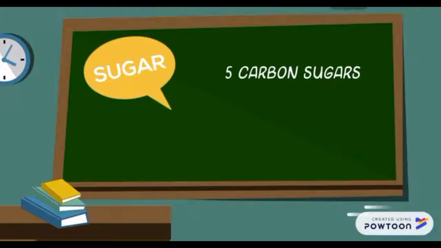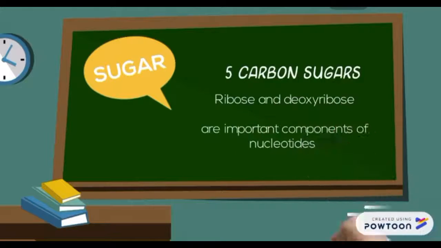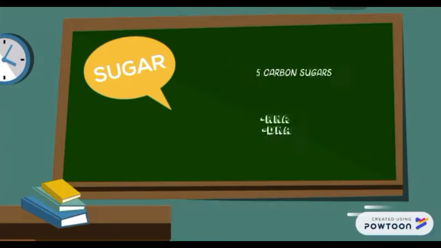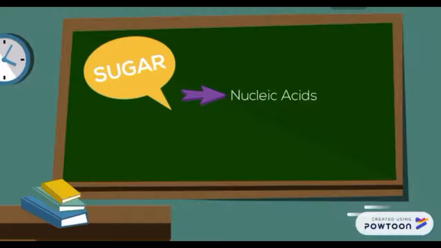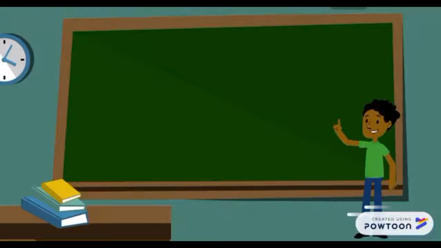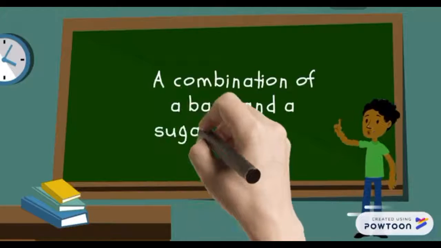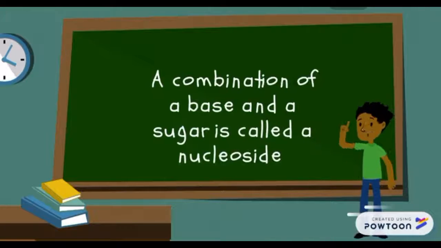For sugar, we have the 5-carbon sugars, ribose and deoxyribose, which are important components of nucleotides and are found in RNA and DNA respectively. The sugars found in nucleic acids are pentose sugars. A pentose sugar has 5 carbon atoms. A combination of a base and a sugar is called a nucleoside.